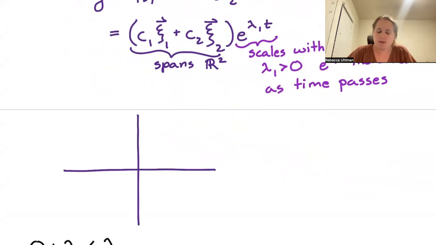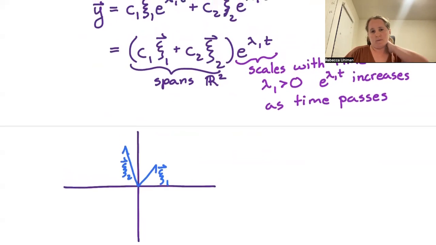Here they'll just be representative. So we'll draw two vectors, Xi1 and Xi2, which are linearly independent. In other words, they're not just scalar multiples of each other. For a specific system, you will have specific Xi1 and Xi2.